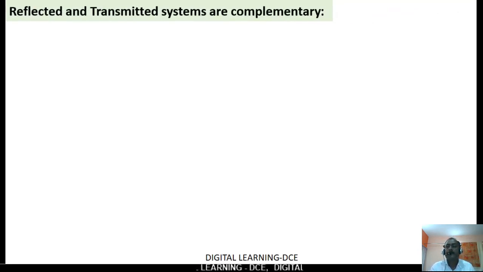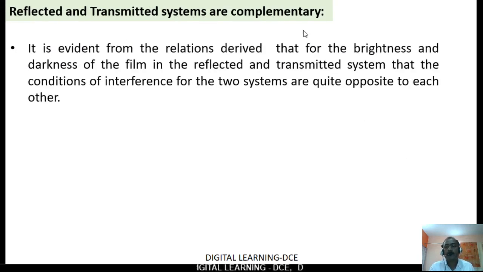Let us see, the reflected and transmitted systems are complementary. It is evident from the relations derived that for the brightness and darkness of the film in the reflected and transmitted system, the conditions of interference for the two systems are quite opposite to each other.